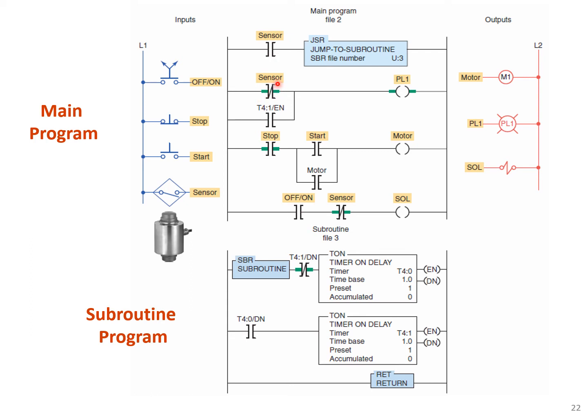So the negated value of the sensor will be true, and the pilot light will stay on. But once the subroutine is activated, this T41 starts flashing, going from true to false, with the period of 1 second, and the pilot light will flash.